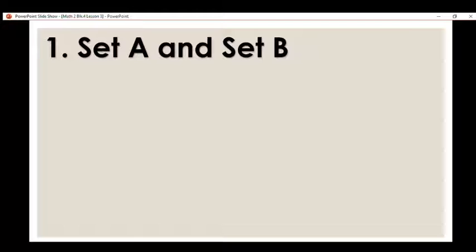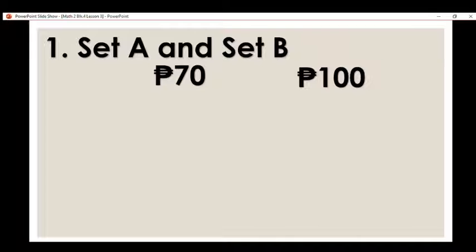In set A, we have 70 pesos and set B has 100 pesos. What is the perfect symbol we can use to compare the two sets? Okay, very good. We will use less than. Why less than? Because 70 is less than 100. Did you get the correct answer?